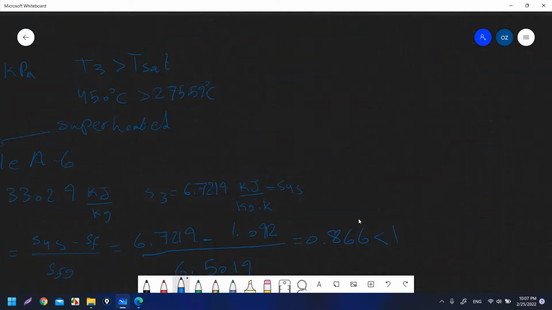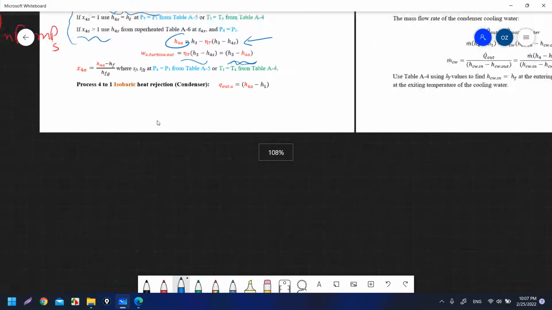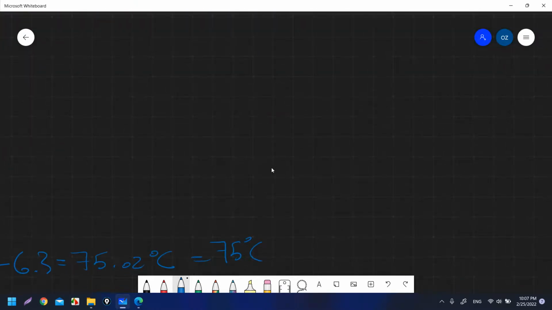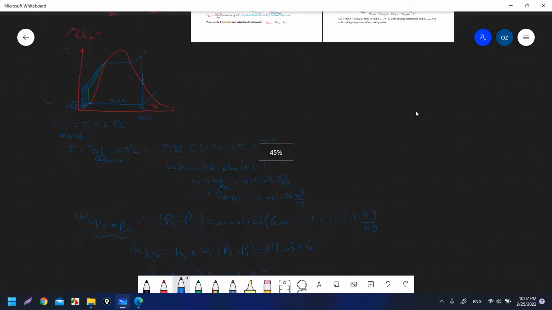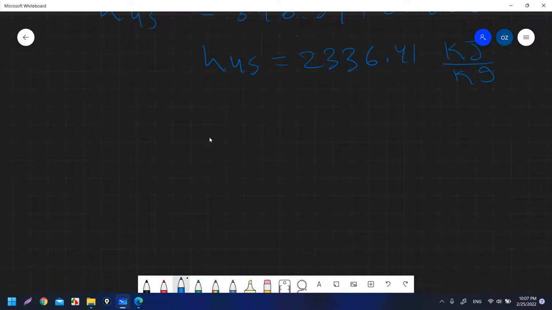I can use the isentropic efficiency for the turbine equation to calculate H for A. So H for A is equal to H3 minus the isentropic efficiency for the turbine times H3 minus H4S.